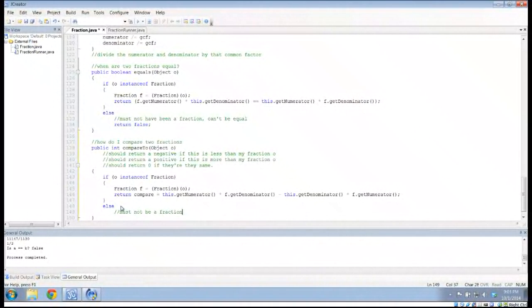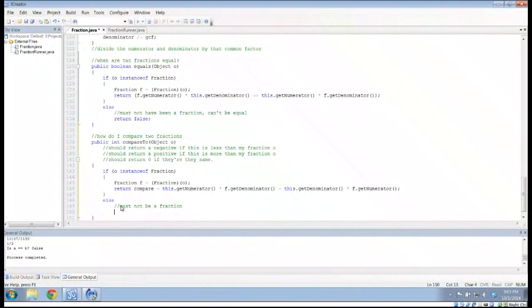Even the infinities that we had in the double class were positive infinity or negative infinity. But the integer class does not have a not a number that we can use. So what I'm going to do instead is I'm going to cause the computer to say, look, I can't compare these. It's going to cause an error.